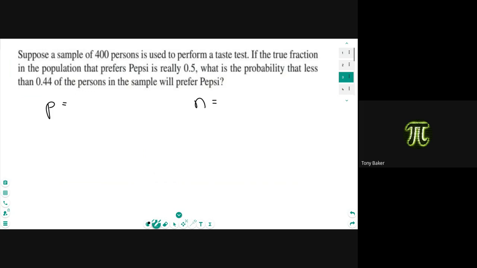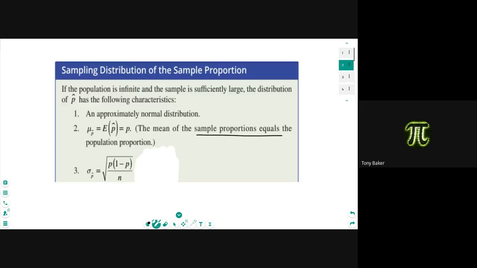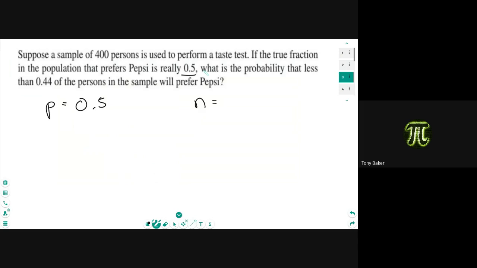We're looking at that as 50-50, right? So that's going to be my P. The 0.44 is going to be my X when I'm doing my Z-score and those things, because that's what I'm trying to test against. If you look back here, it says the sample proportion equals the population proportion. So the population proportion is 0.5. And my N in this case is 400.